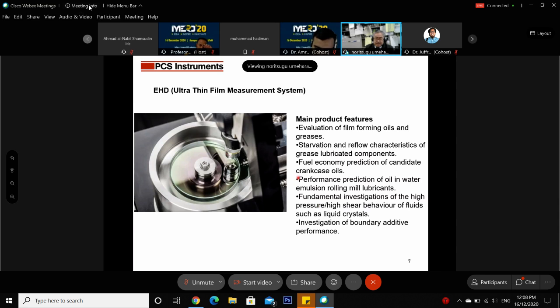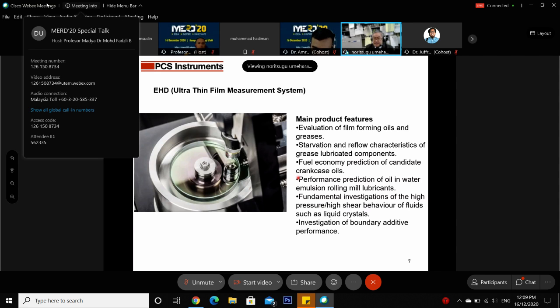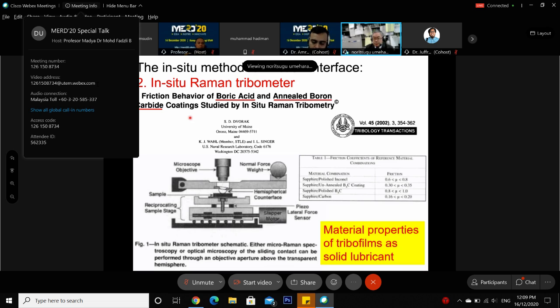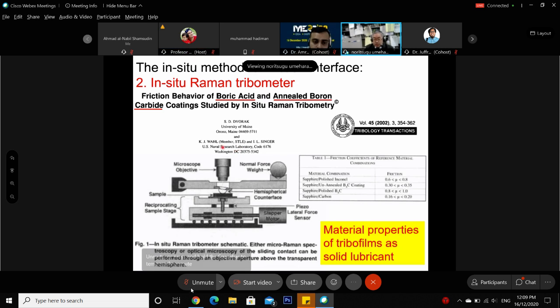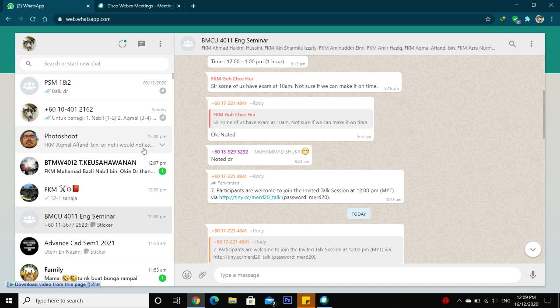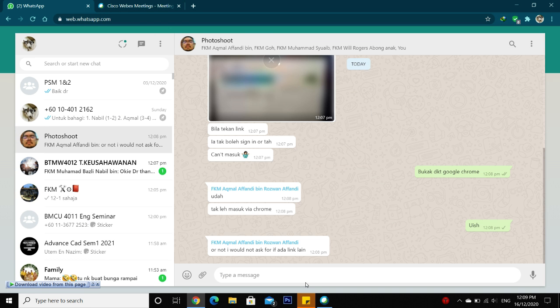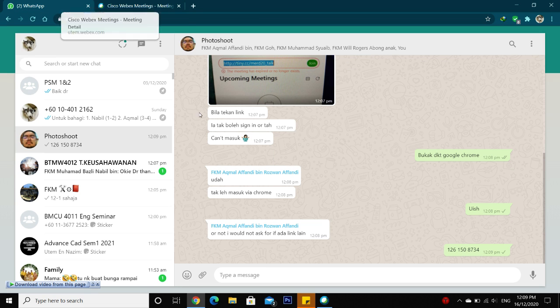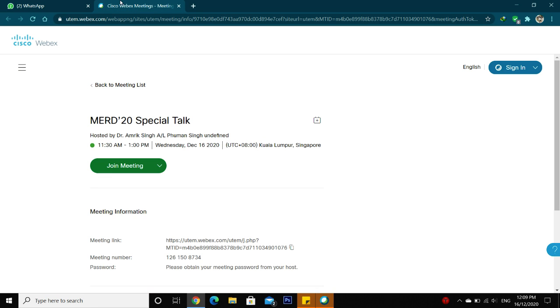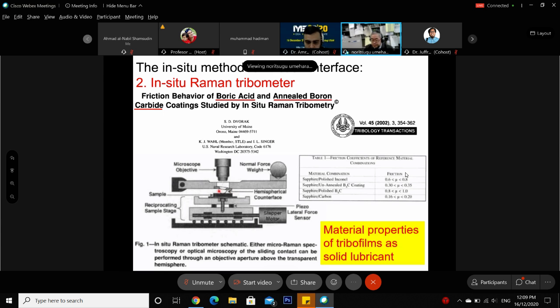In the next stage, the in situ Raman tribometer was developed by the U.S. Naval Research Laboratory, by John Wall and Singer. Both developed this in situ Raman tribometer. With this one, they detected new material on the contact surface by using Raman spectroscopy.